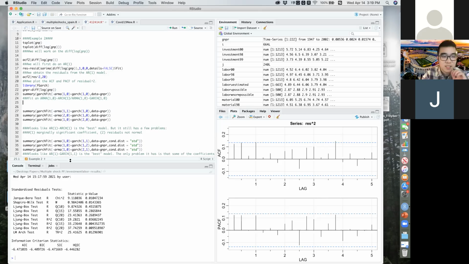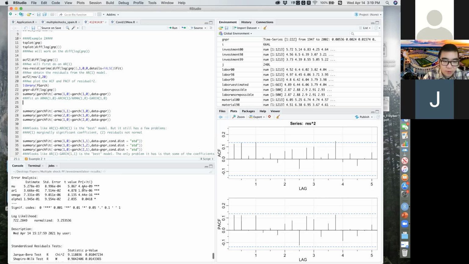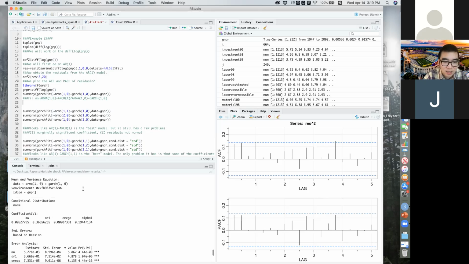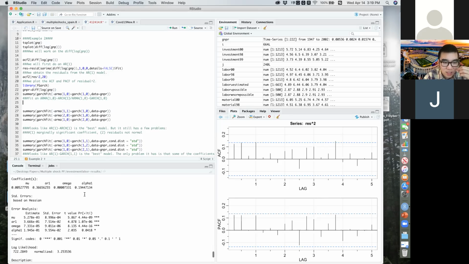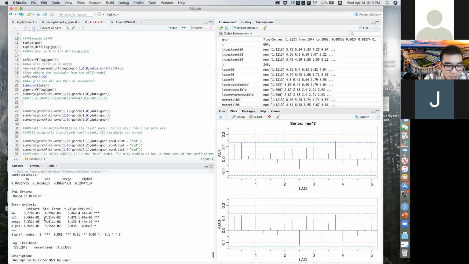That's the regression, and now let's look at the output. The output is a little bit different. First are the coefficients. The coefficients it gives us are slightly different from what we usually see. It has two parts.